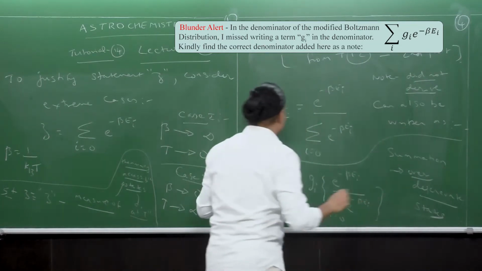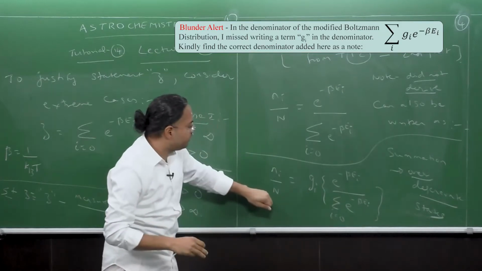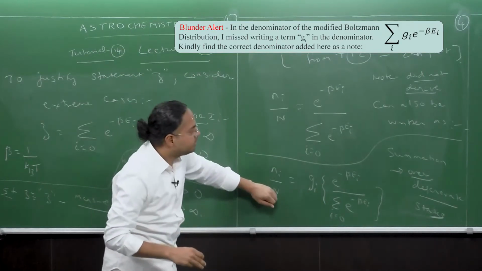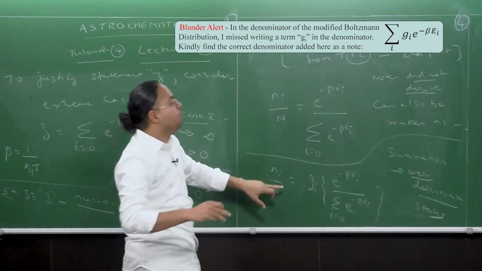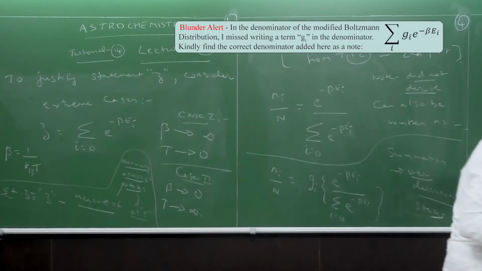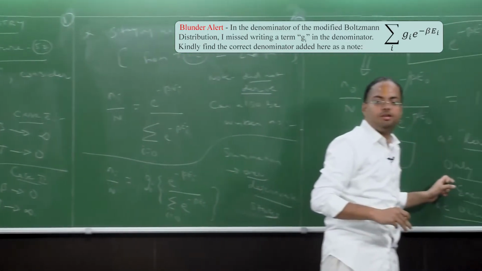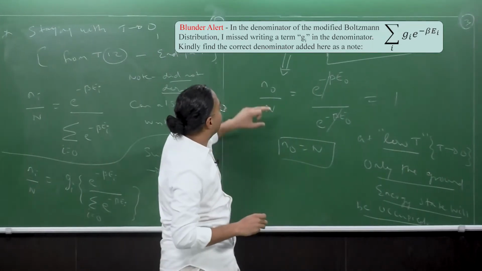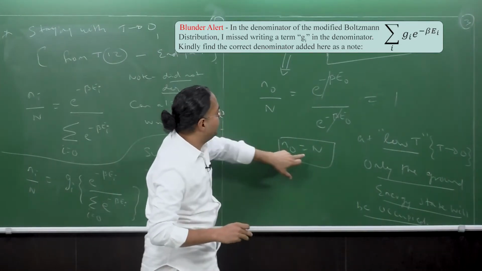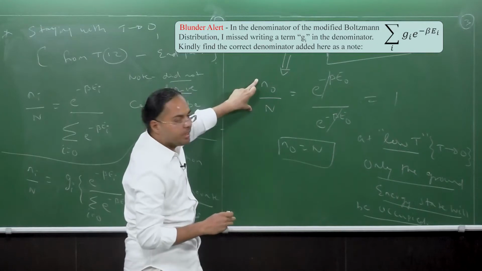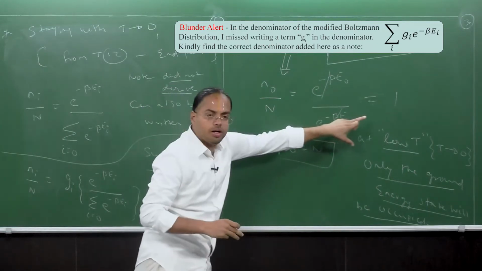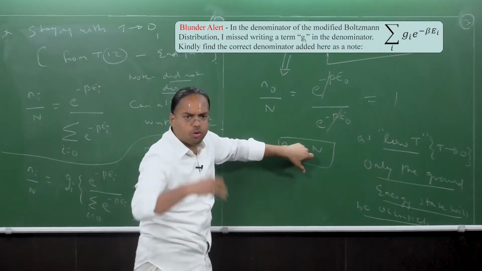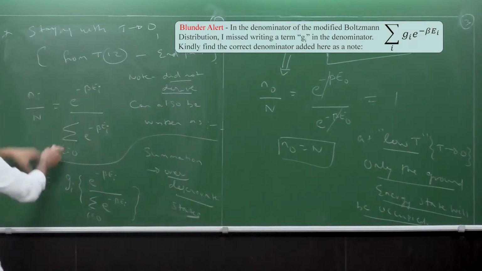I just told you. Now, if you consider this particular expression, and we use the same idea, that at low temperature only the ground energy state is going to be occupied, just like my N naught by N is equal to 1 in this case. So therefore, my N naught is equal to N. That is what we saw by using this version.